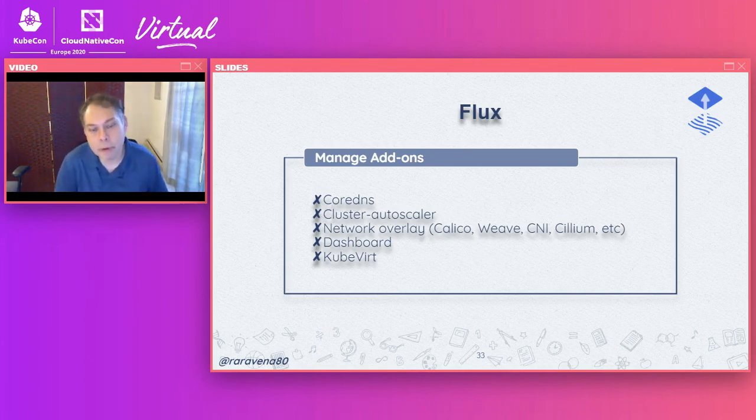So you can use it for your cluster autoscaler, your CoreDNS, your network overlay. If you want to keep up to date and maybe there's a feature, or maybe you're watching a container registry and you want this to get updated automatically, you can use something like Flux.